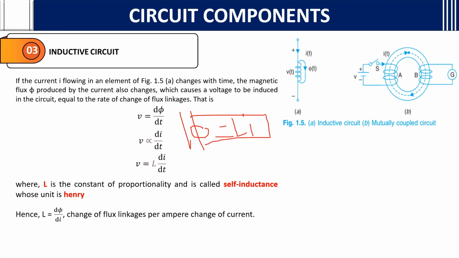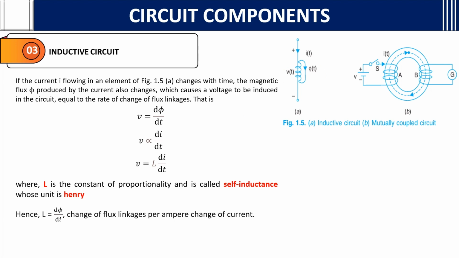If there is a change in current, there will be magnetic flux produced, so there is a change in flux also. Then there will be a voltage induced. So V is equal to d phi by dt, and V is directly proportional to di by dt. As phi is equal to Li, if you substitute Li in place of phi, then L we can take out, di by dt. V is equal to L into di by dt. This is an important formula.